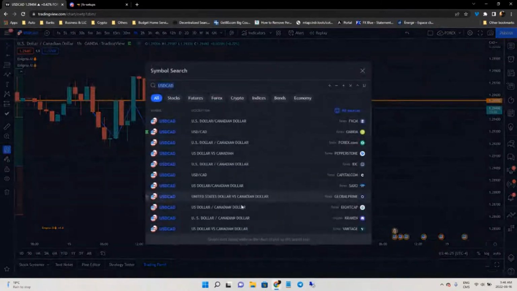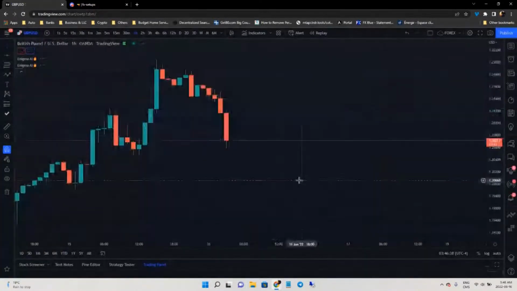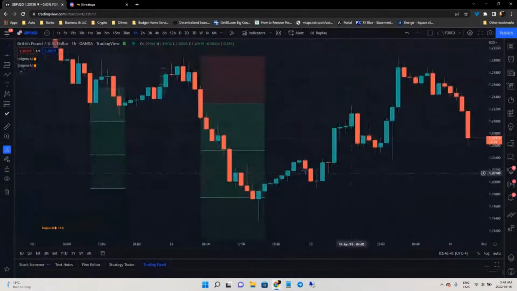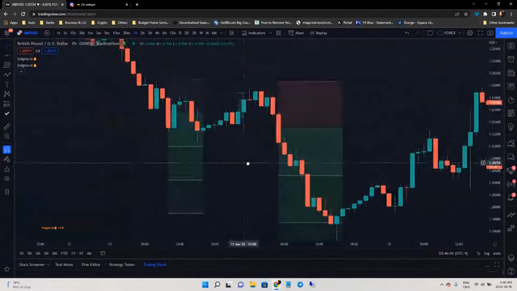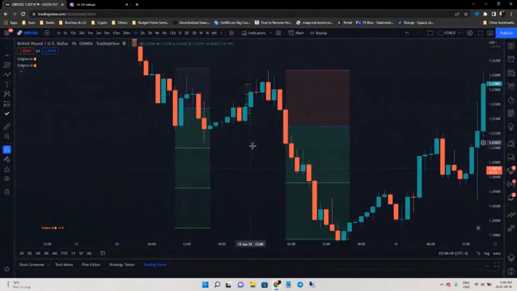Okay, so we look at the last pair. So GBP JPY, let's see, or let's go on USD. Okay, so same thing.